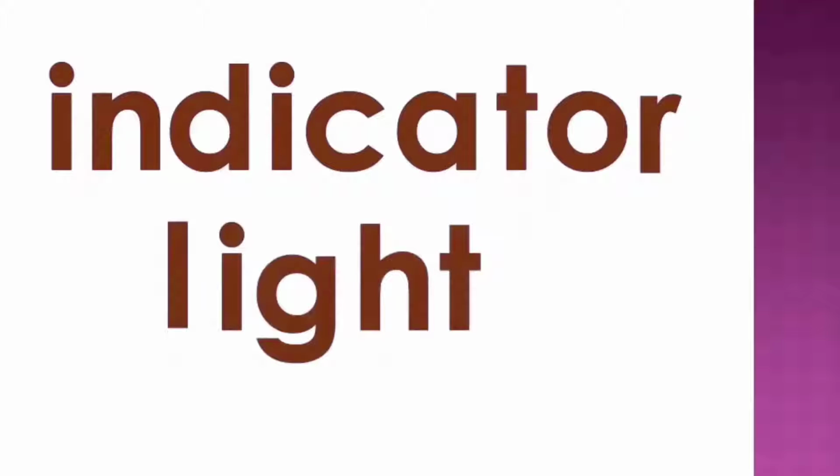Light. Indicator light. It is a light or LED that prompts the user to the status of a hardware device. This indicates if the hard drive is working and when the caps lock is enabled. The three LED lights represent caps lock, num lock, and scroll lock.